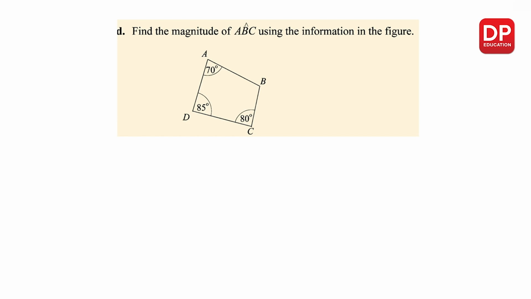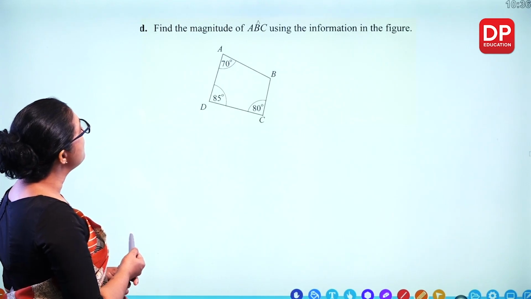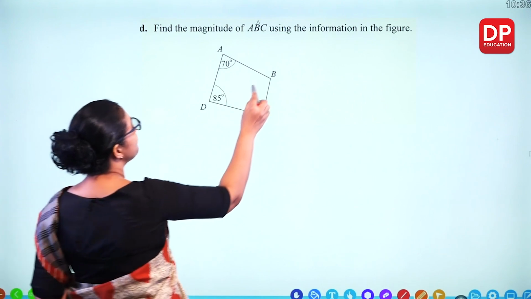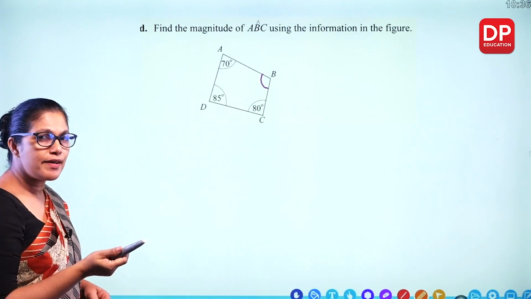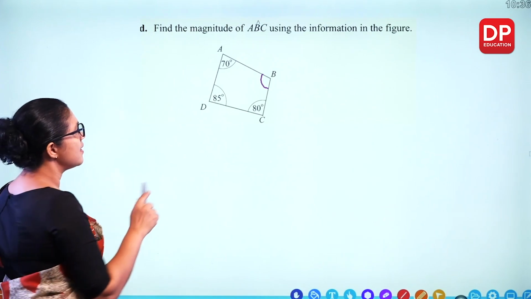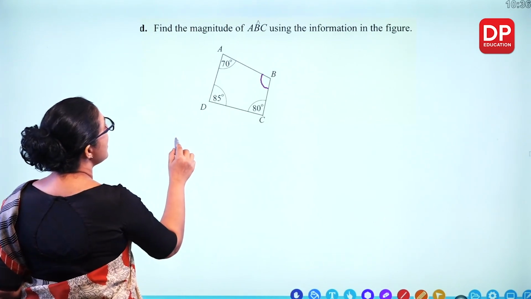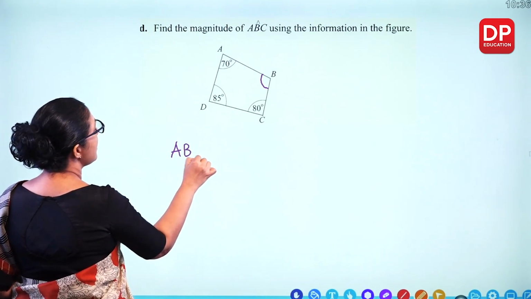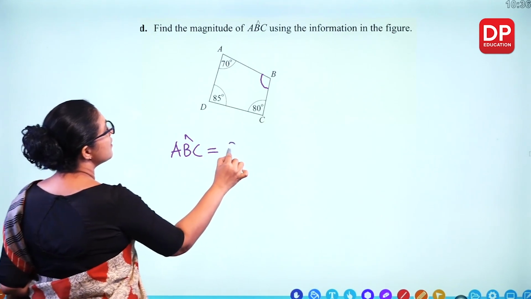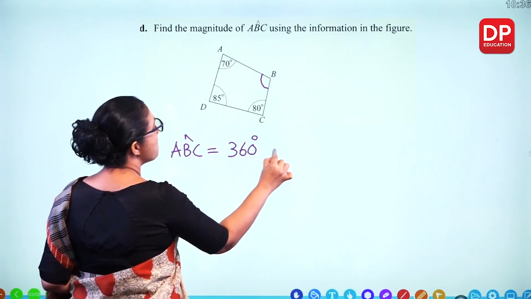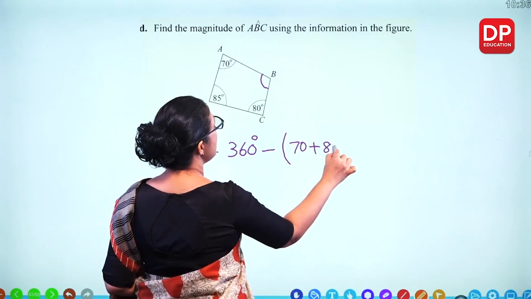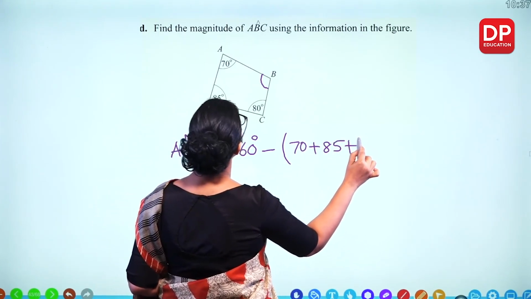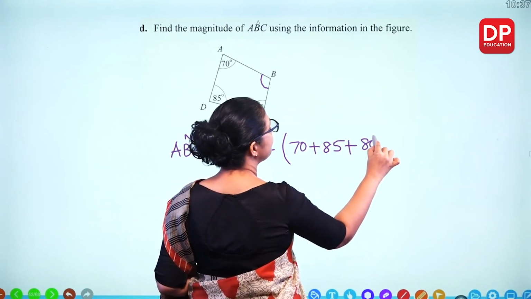Find the magnitude of ABC using the information in the figure. ABC, so this one. This is a quadrilateral. What's the sum of angles in a quadrilateral? 360. So we can find out the ABC angle using 360 minus all these three angles, 70, 85 and 80.